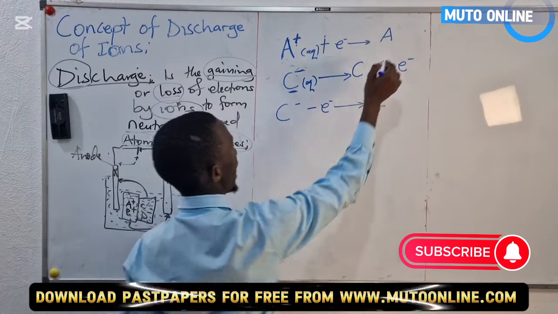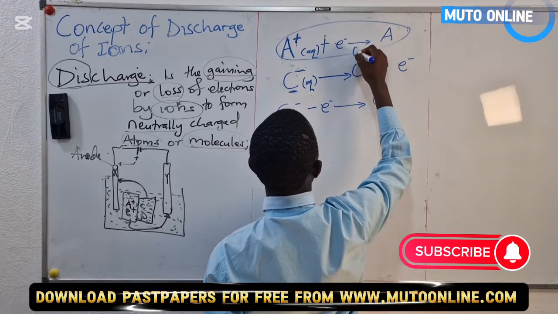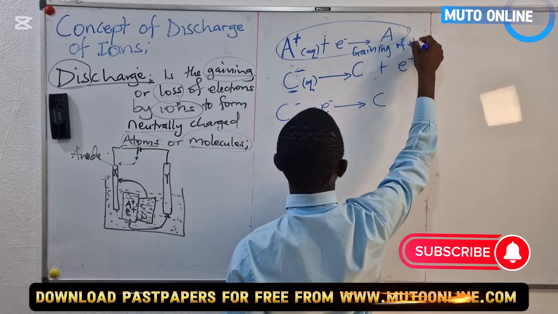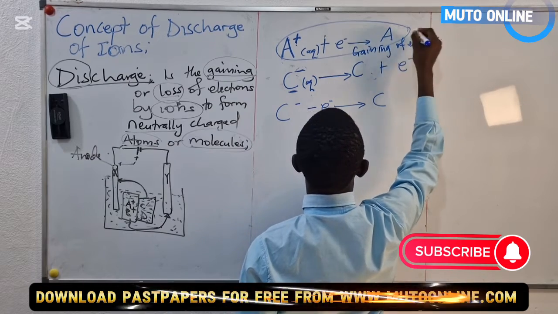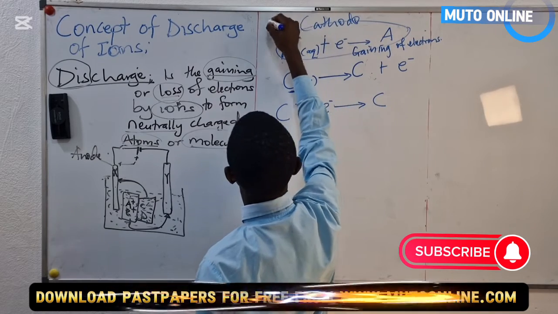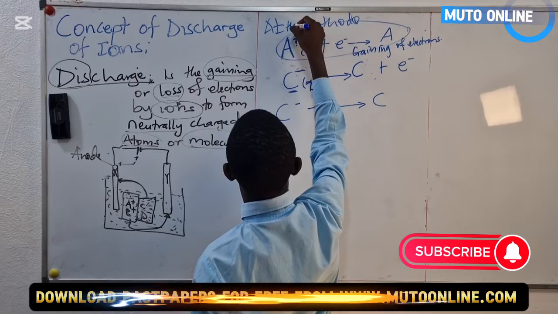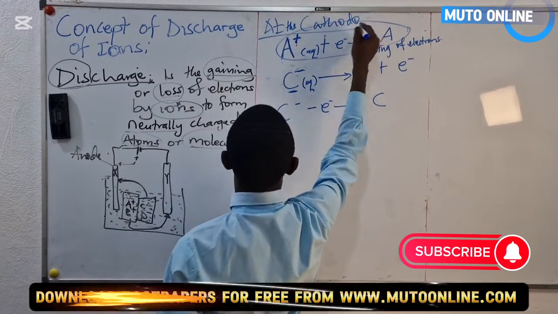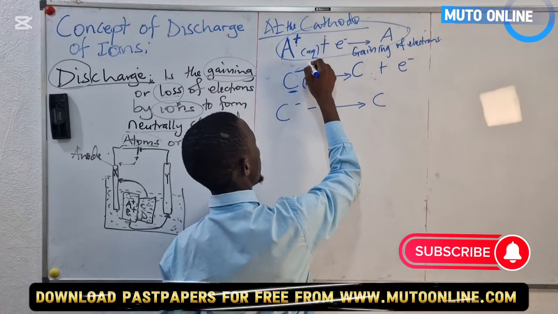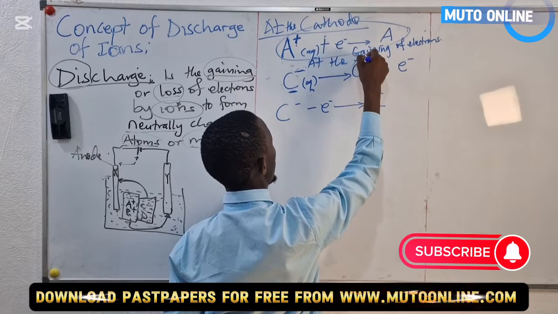So the positively charged ions will be discharged by gaining of electrons, and this will be at the cathode, because we said the positively charged ions migrate to the cathode, and the negatively charged ions migrate to the anode.